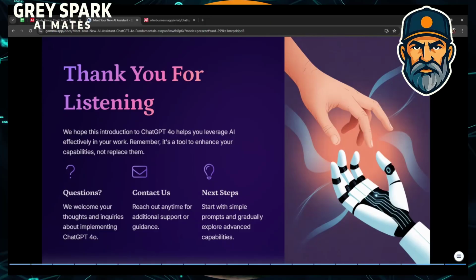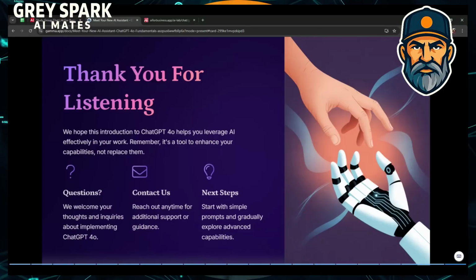Armed with this foundational knowledge, you're now prepared to explore ChatGPT 4.0, as we call it, the balanced model in the AI for Business Pro app, I should say. The best way to truly understand this tool is through hands-on experimentation. Start with low stake tasks, and gradually move up to more complex applications.